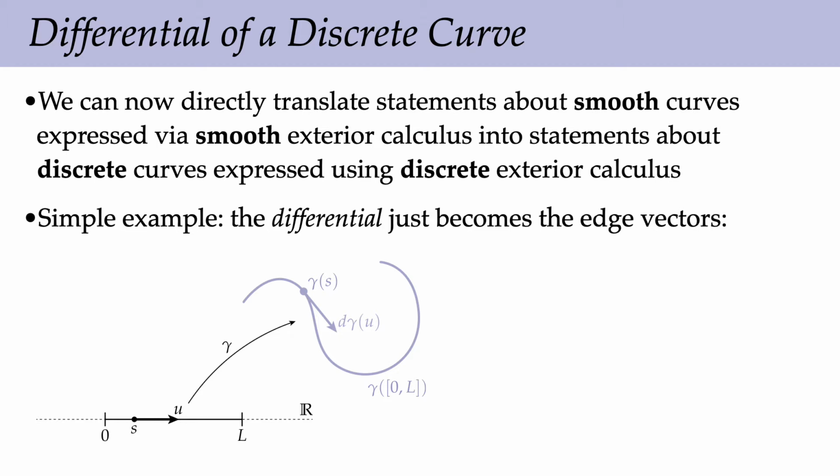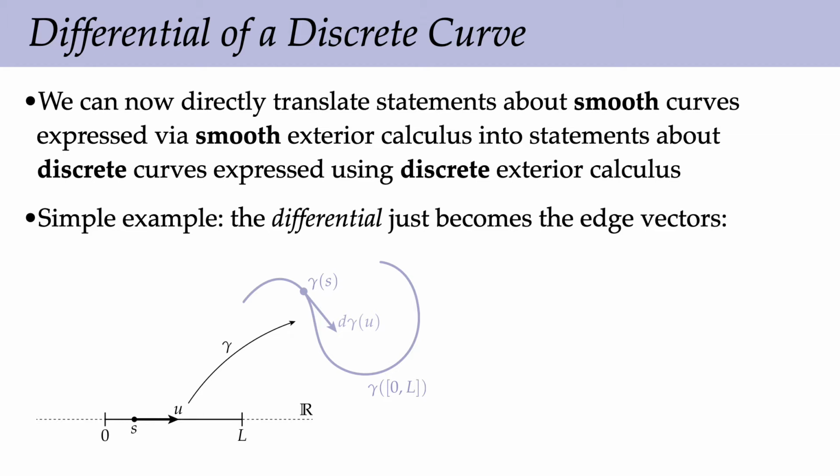What is the differential in the discrete case? Okay, so this takes a moment to recall how the differential works, how discrete exterior calculus works, and so forth. But you'll notice we've written the differential as d gamma. If we think of gamma as a zero form, right, then what is the discrete exterior derivative on a zero form?